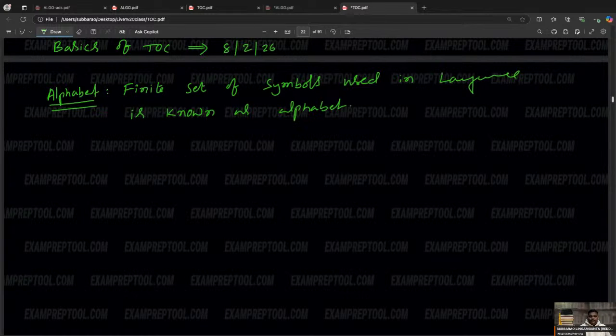From alphabet onwards, actual TOC started. Finite set of symbols used in any language is known as alphabet. In my opinion, TOC just started now.